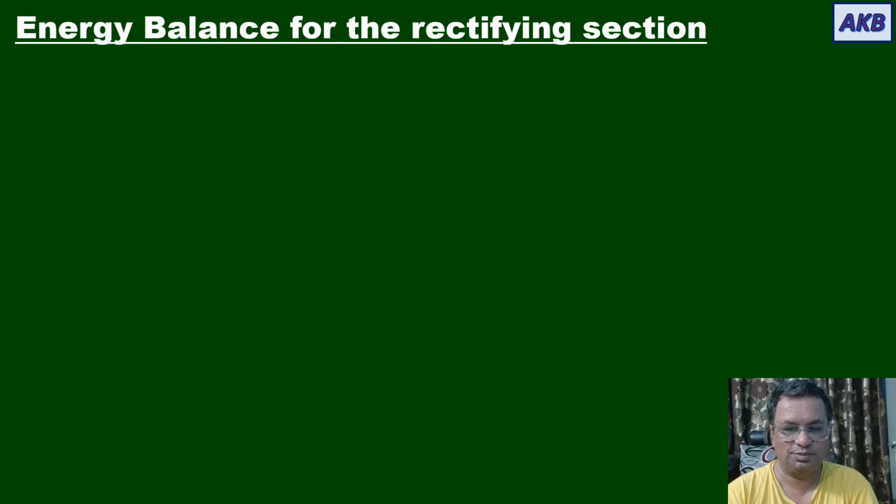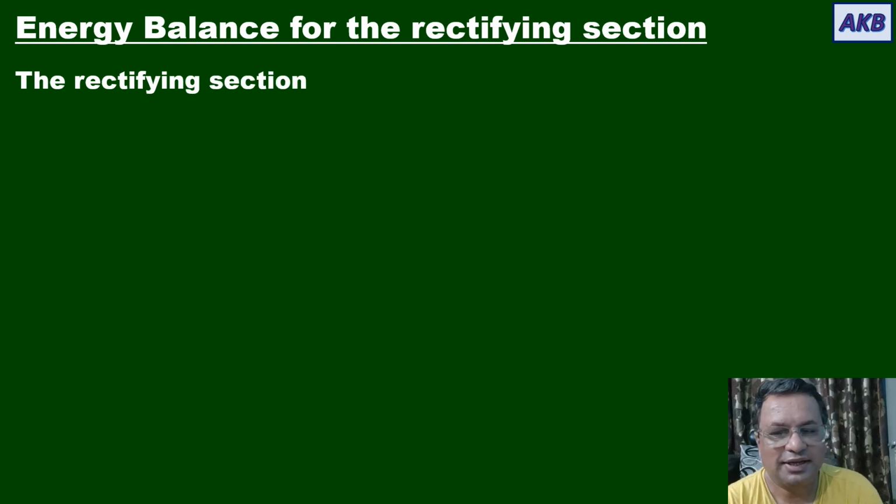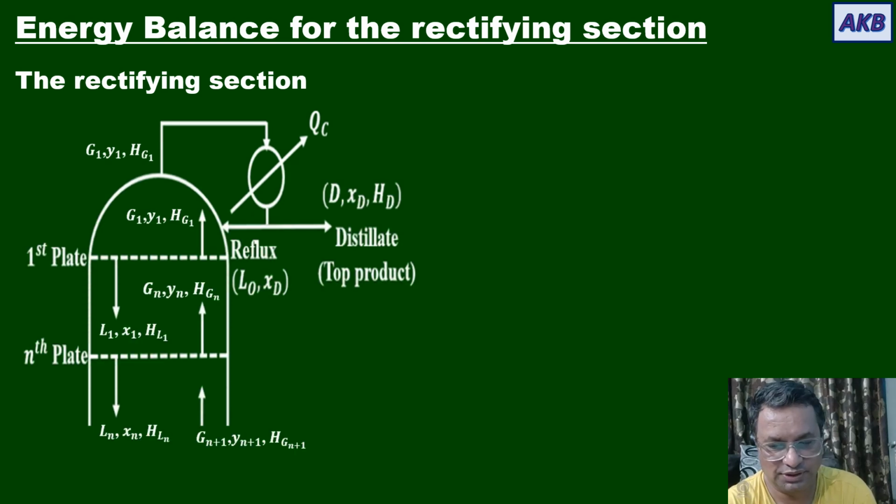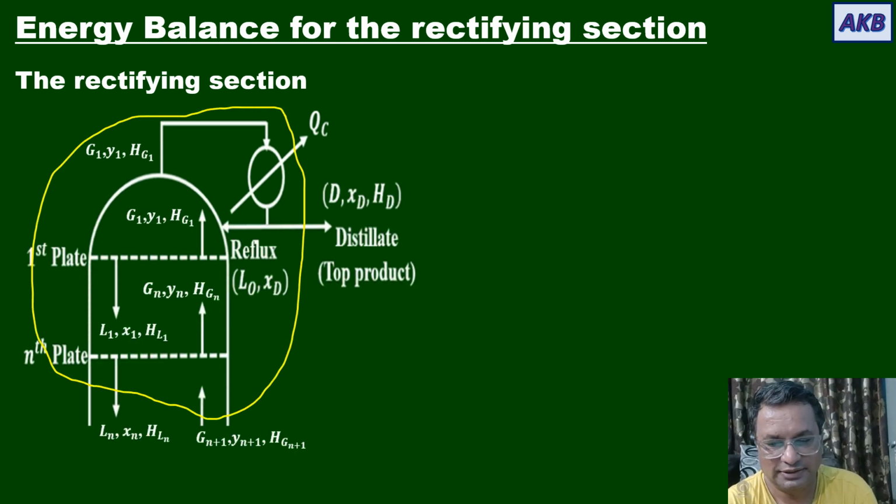Now let us move ahead. Now let us consider the entire rectifying section. We had considered only the condenser so as to have an equation for the external reflux ratio. So I'm showing over here, and we are taking the envelope.